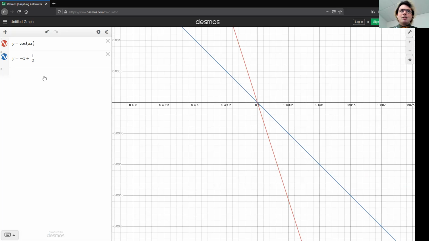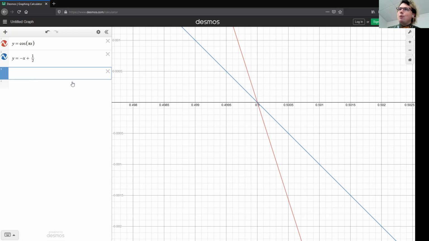So this cosine of pi x function looks very much like some line. This y equals minus x plus 1/2, well, that just is a line. So maybe I can find a formula here to replace the cosine function.